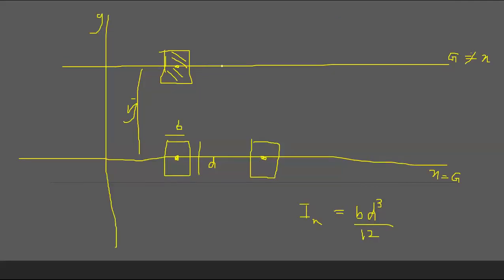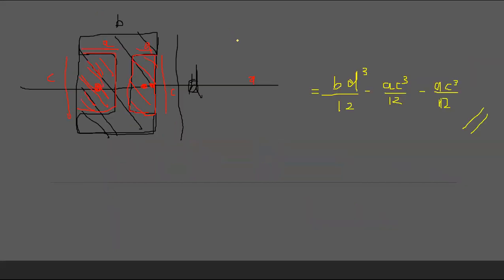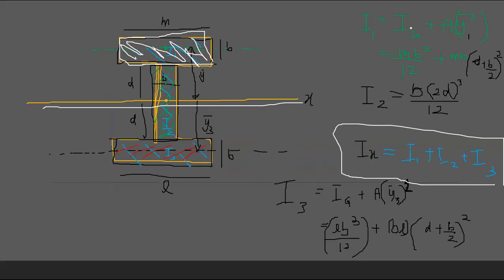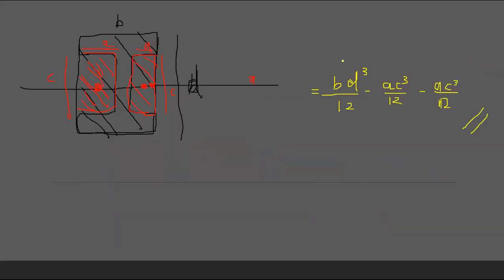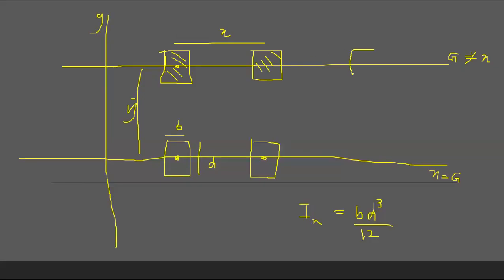But still, if you move this along the x-axis, it does not depend on this x value, so it will give you the same I value. Even if you move diagonally, the y value will change, but it does not depend on x.